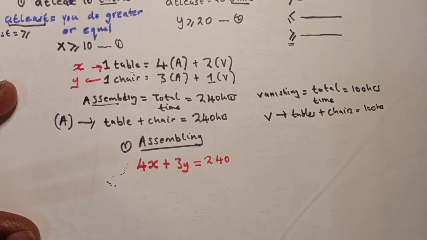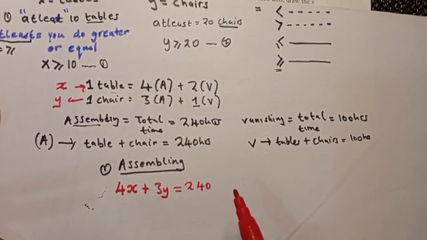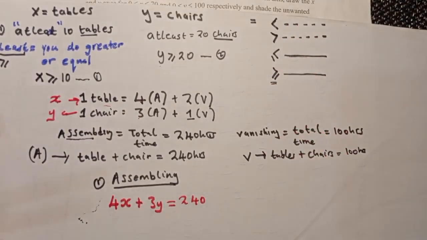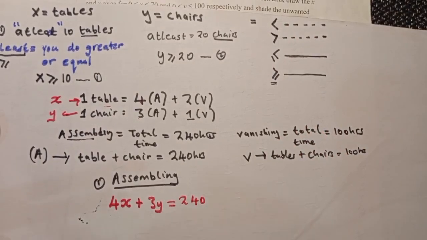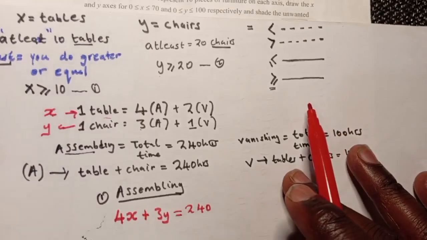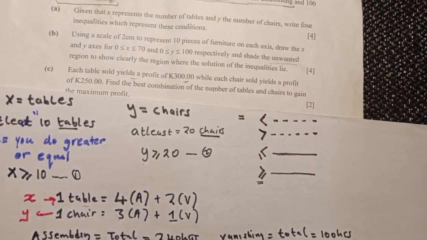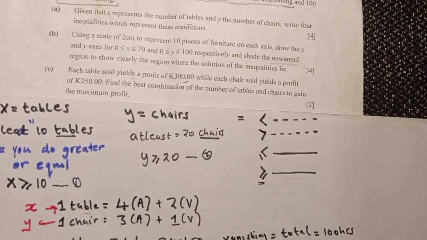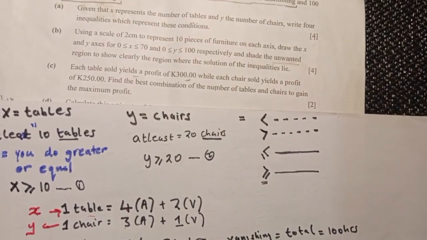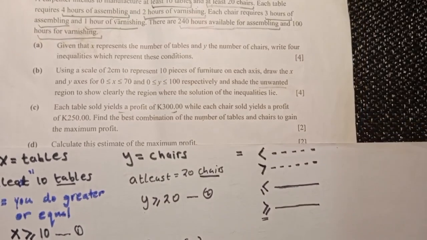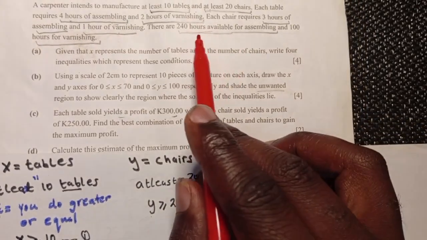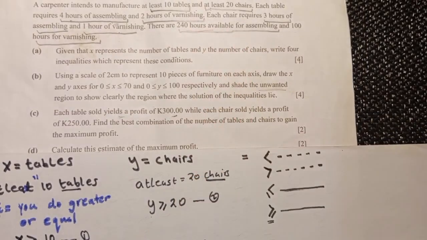Now which symbol are we going to pick here? When it comes to time, you are told this is the available time. This is a contract you have been given, and you're told the available time. If that is the available time, what does that mean? It means you can't exceed that time.